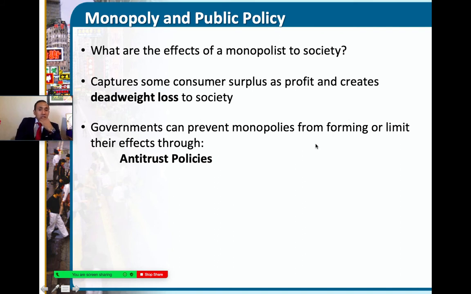Governments can potentially prevent the formation of monopolies or limit their effects through several things: antitrust policy, government regulations, price regulation, or taking over the monopoly, making it a public entity. Sometimes public organizations are poorly managed and poorly run, or governments set antitrust policies that can limit the formation of monopolies.